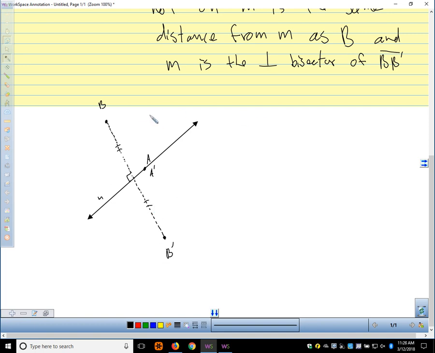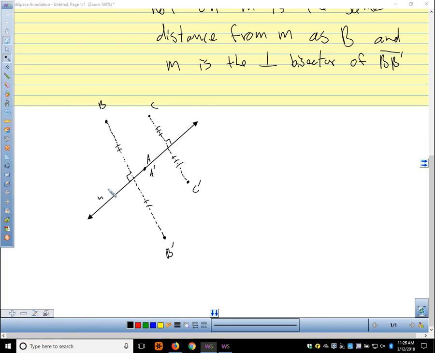And if we had another point C here, to find the image of that one, I go straight towards the mirror line, make a 90-degree angle, and go the same distance to the other side of the mirror line. There would be C prime. These two are congruent.